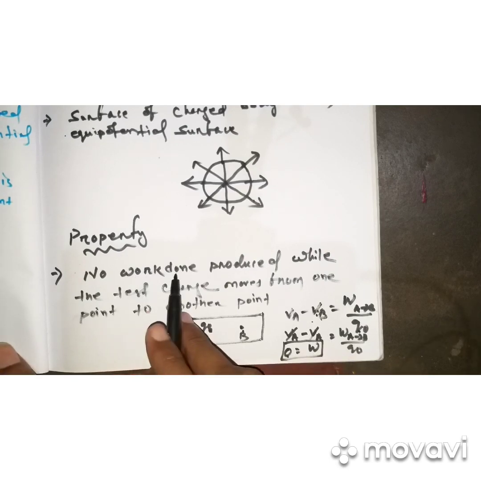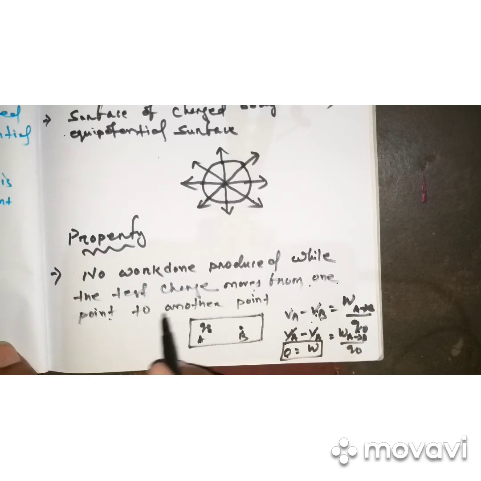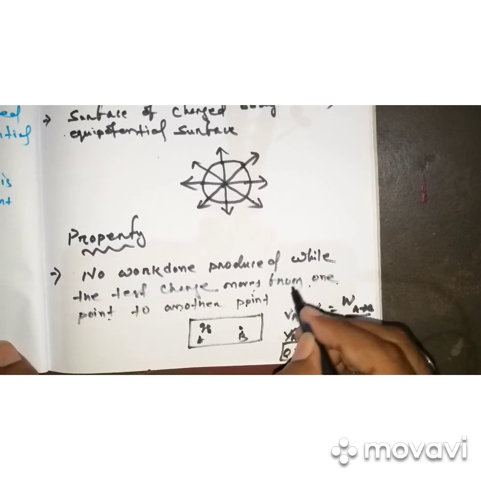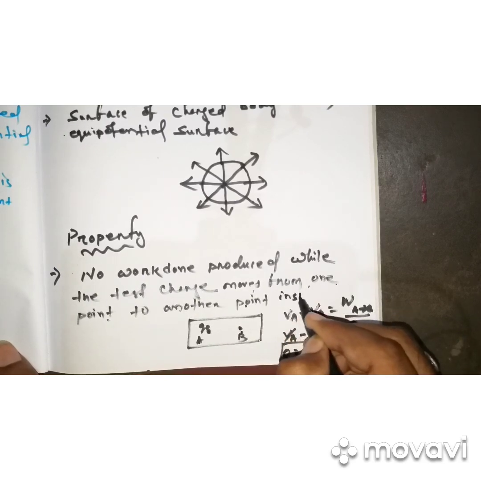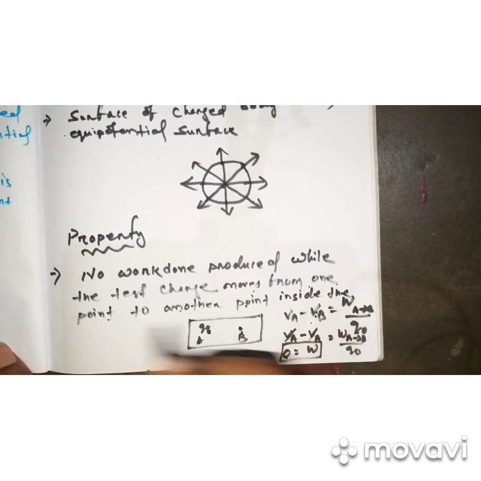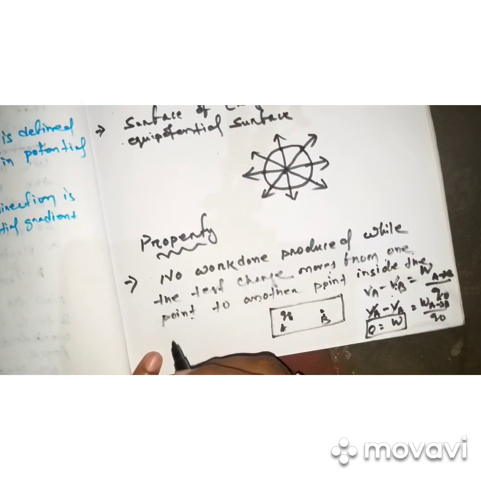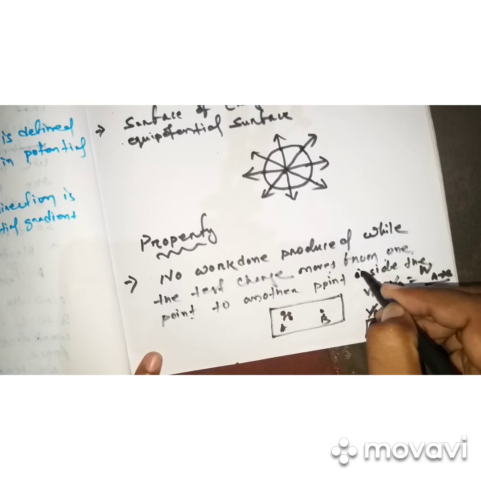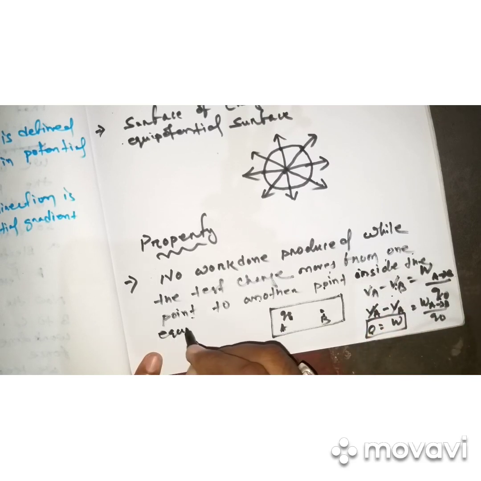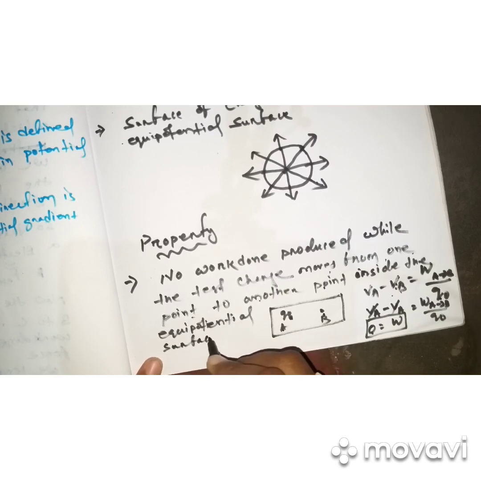Therefore, no work is done while the test charge moves from one point to another point on the equipotential surface. Clear?